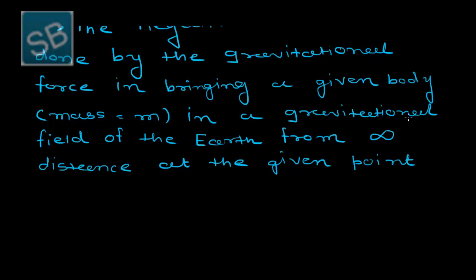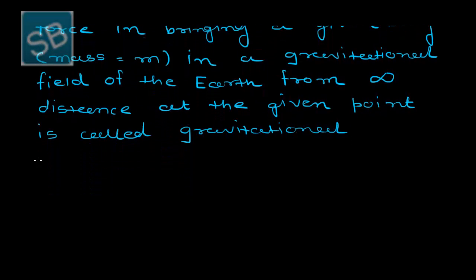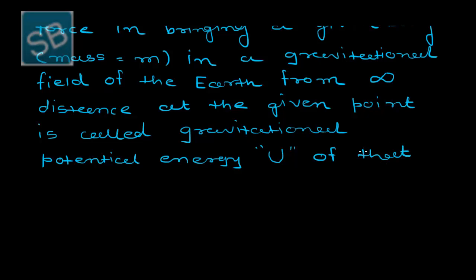So it is basically the negative amount of the work done, and this is called gravitational potential energy, which is denoted by capital U. And this is the gravitational energy of that particular body at that particular point.